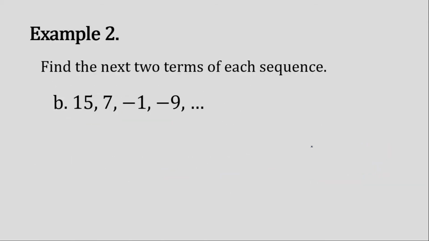Now let's try letter B. Find the next two terms of each sequence. Let's start with the first term, 15. What are we going to do to 15 to get 7? We subtract 8. What do we do to 7 to make it negative 1?